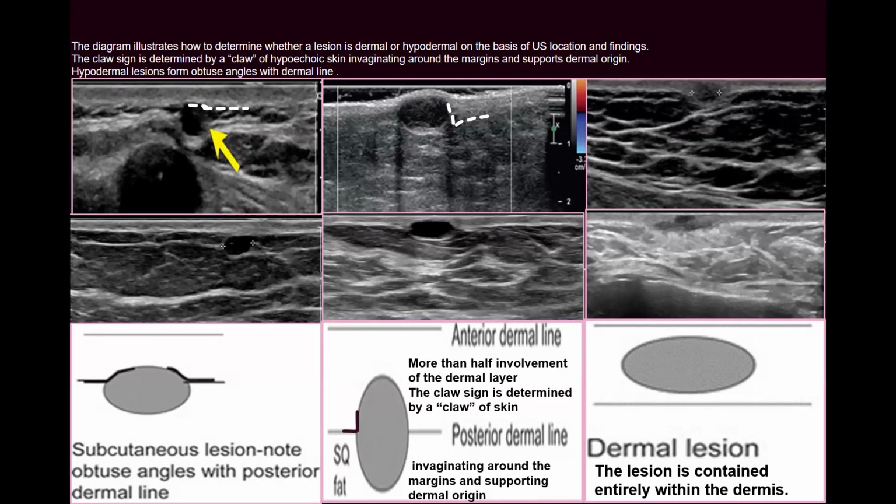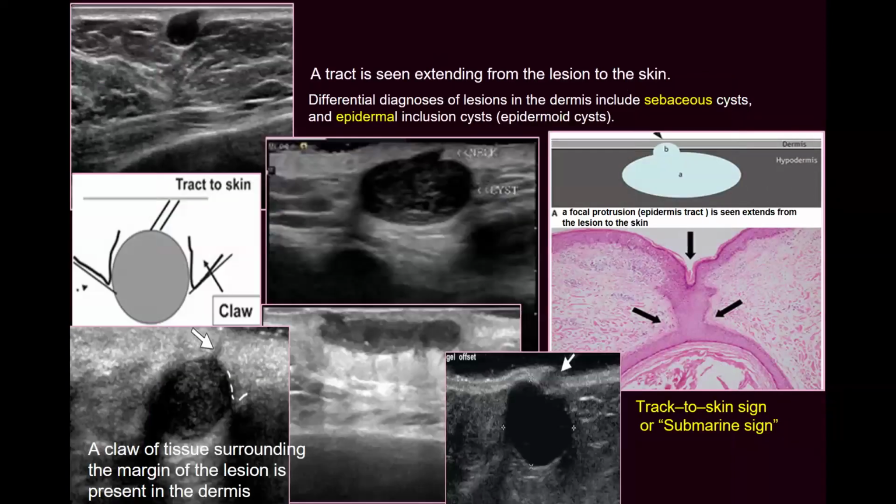These are definitely within the hypodermis because the angle is obtuse. I cannot apply the claw sign. But these are still cysts. So being a cyst and in the hypodermis, most likely they are of dermal origin.